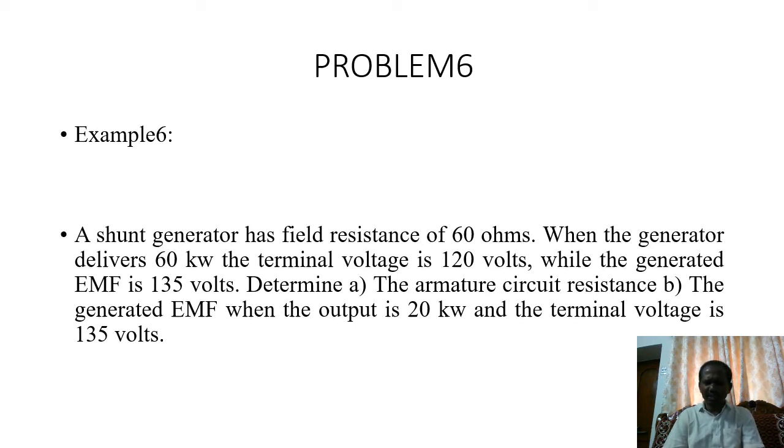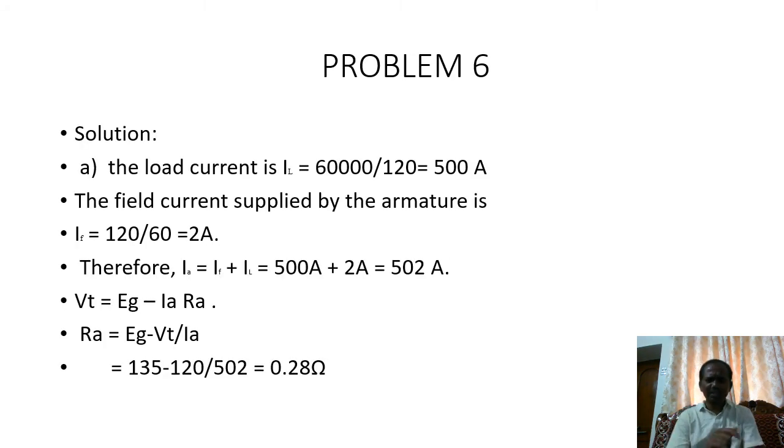The armature current Ia in the case of the shunt generator is Ish plus IL, which is 502 amperes. To determine the armature circuit resistance, IaRa is equal to 15, so Ra is equal to 15 by Ia.